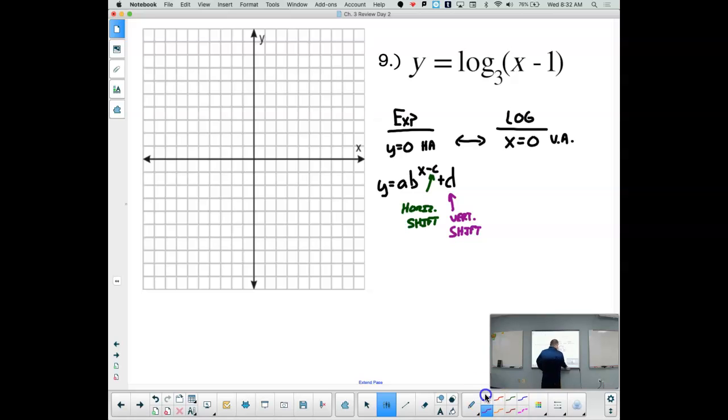In a log function, this is our horizontal shift, and this is our vertical shift.